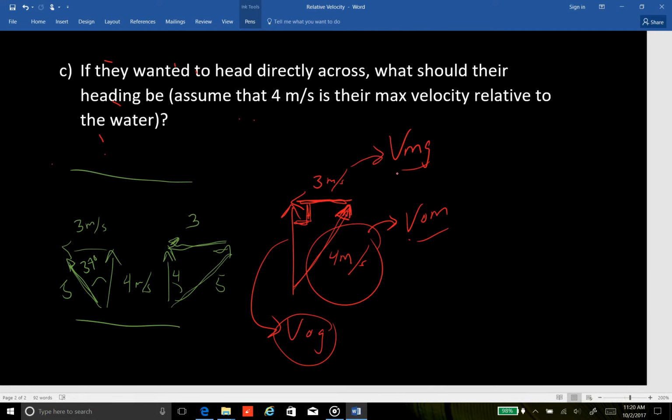If I go north something degrees east, the current will shove me west and I'll go straight across. So that's a right angle triangle. So can I get this VOG using Pythagorean theorem? I can, right? So how would I get it? Well, it would be 4 squared minus 3 squared.